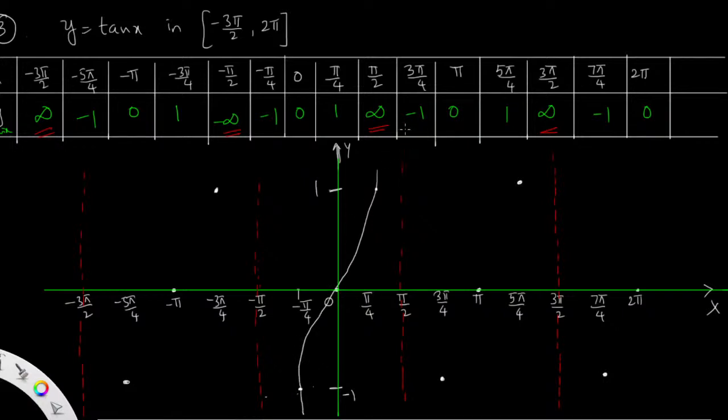These are imaginary lines, but don't touch the lines with the graph. And similarly this is also a line, and this is also the same.